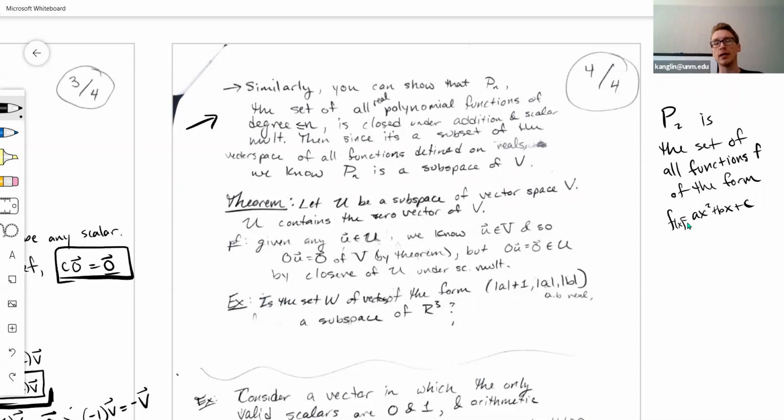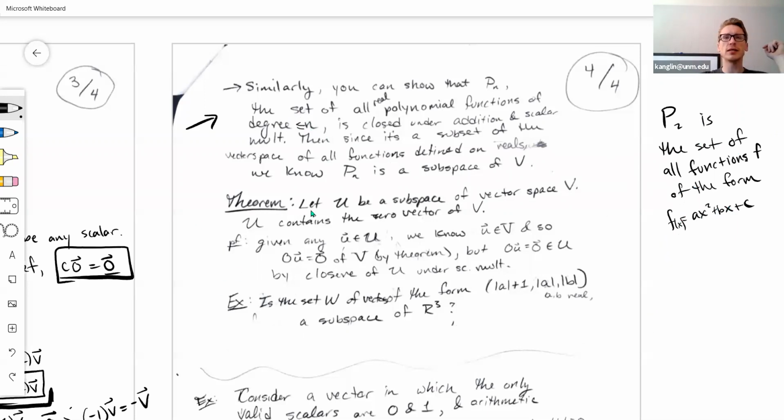It would not be a quadratic anymore. So maybe you can see right away why we do need the less than or equal to part here to actually keep this as a subspace. If we said strictly equal to n in the degree, that would not be a subspace. Maybe you can play with that a little on your own.